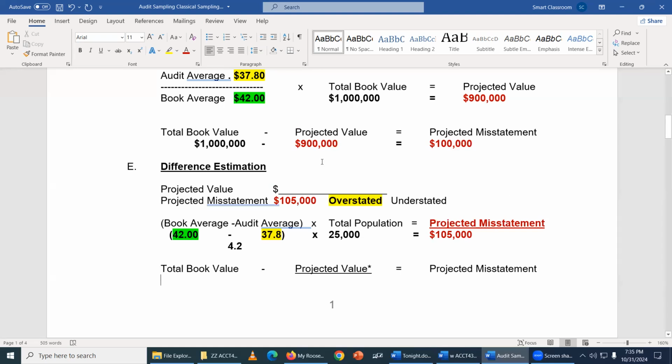The total book value is 1 million. So 1 million minus, we don't know, let's put X here, equals positive 105,000.